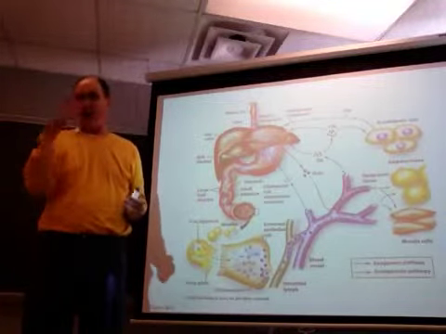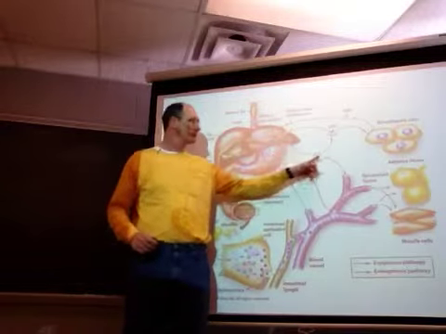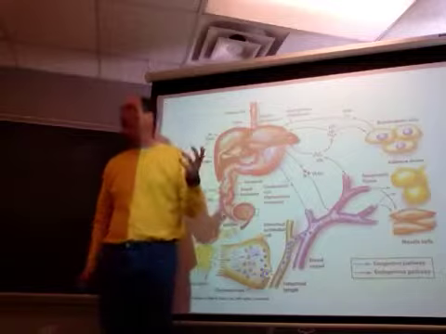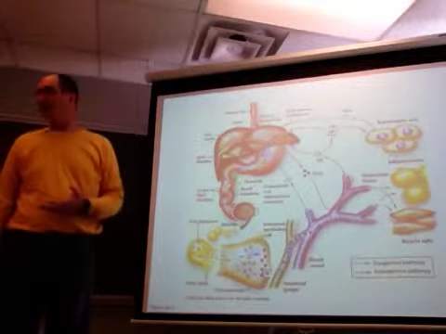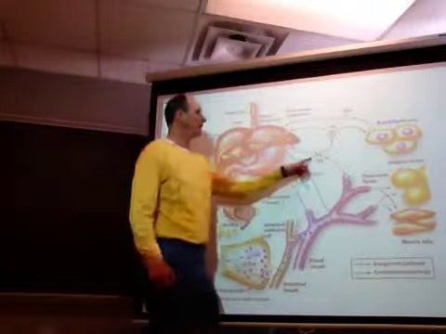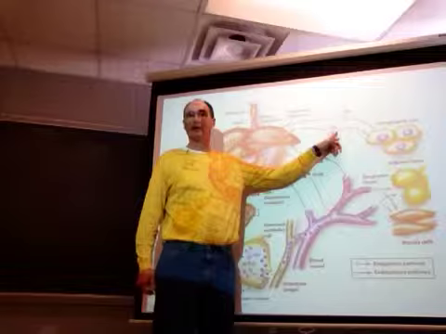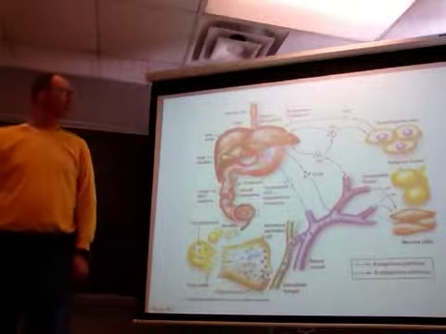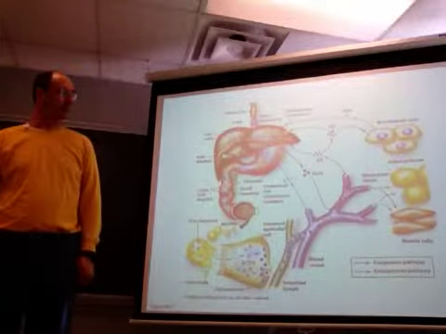And so over time, some of the IDL particles, by probability, will end up getting shunted to other places. They stay in the circulation longer, more lipid is removed, and then they become LDL, right? So they lose more lipid, they become more dense, and now we just call them low density lipoproteins.